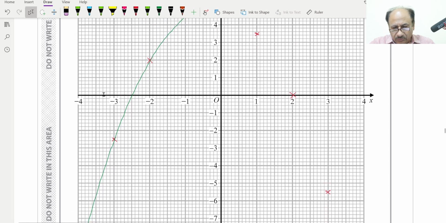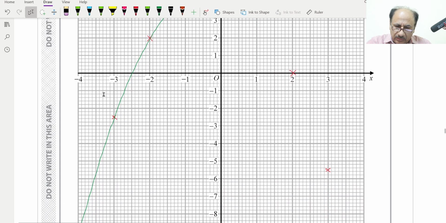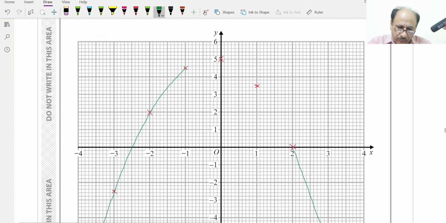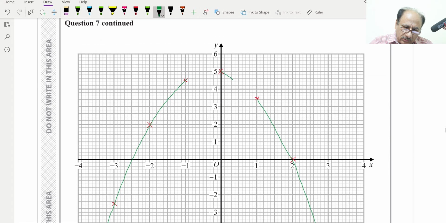Now we will draw the other side, and the other side we can draw like this, and from here also we need to draw this one, and the upper portion of the curve will be like this. Now we need to draw this portion, which we can draw over here.